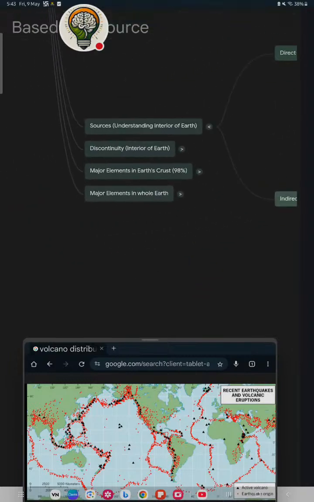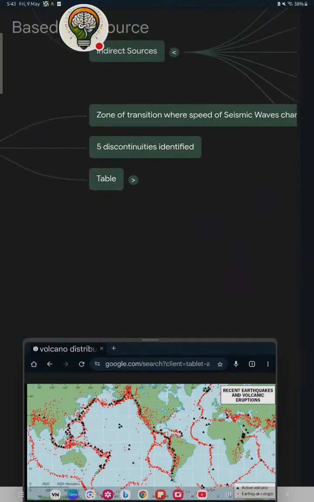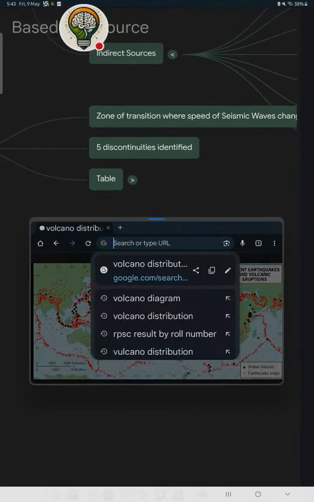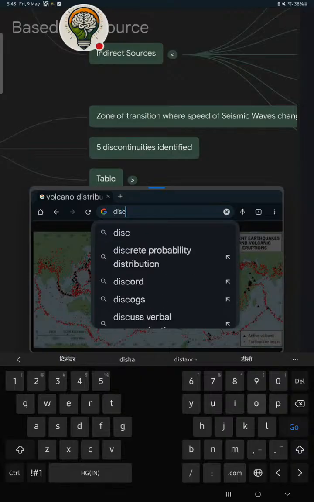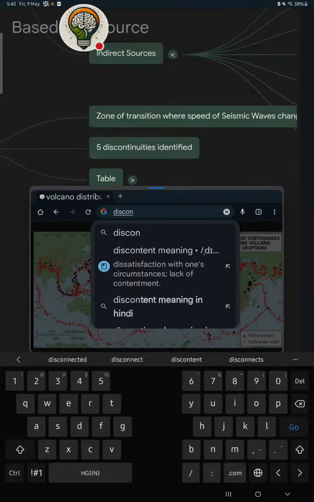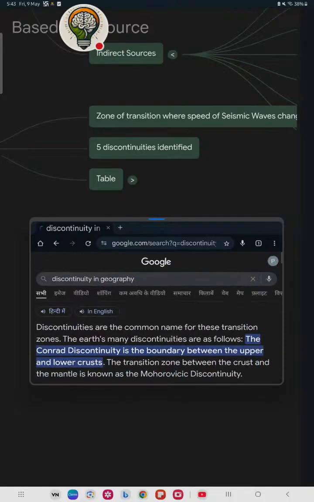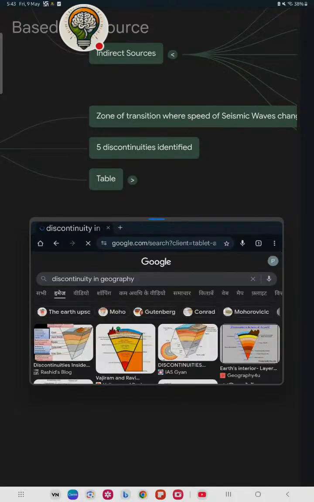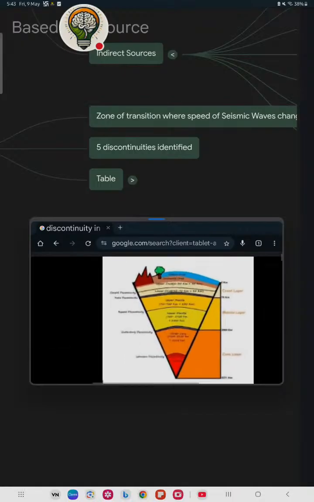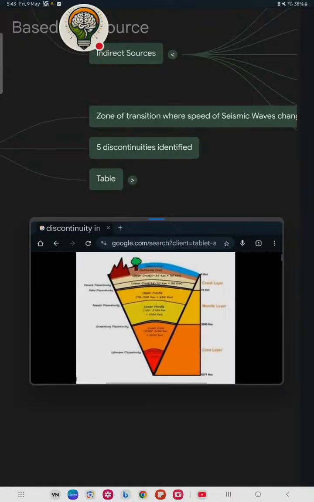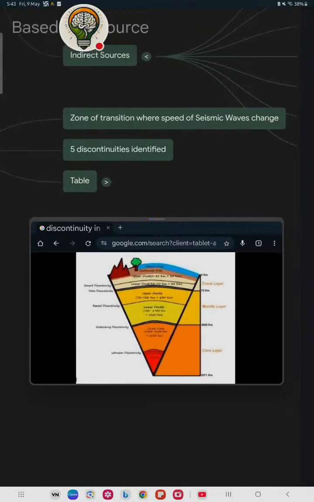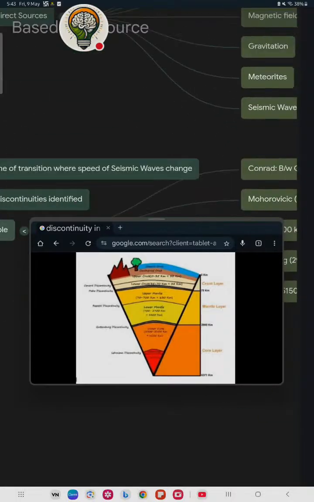Then the discontinuity. A discontinuity is a zone of transition where the speed of seismic waves changes. There are 5 types of discontinuity.